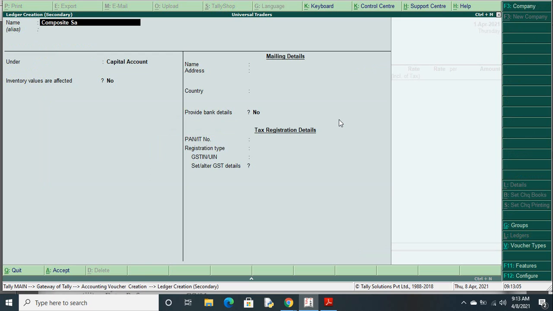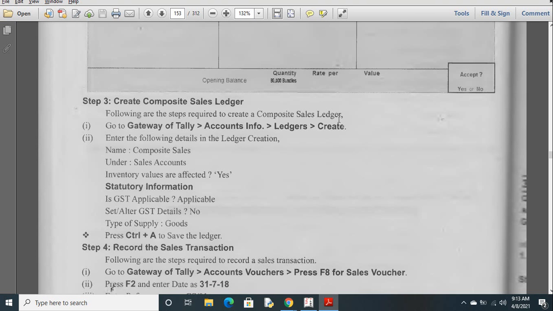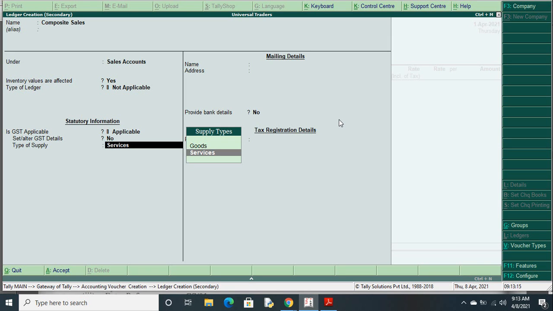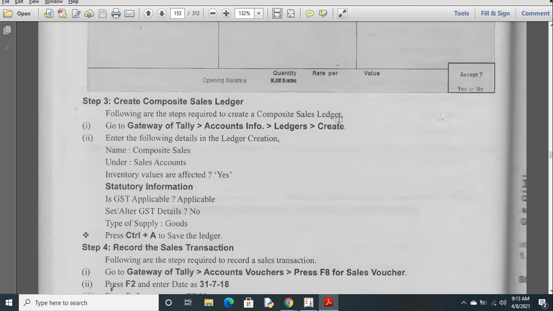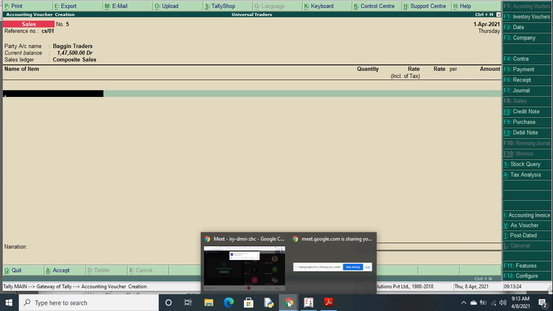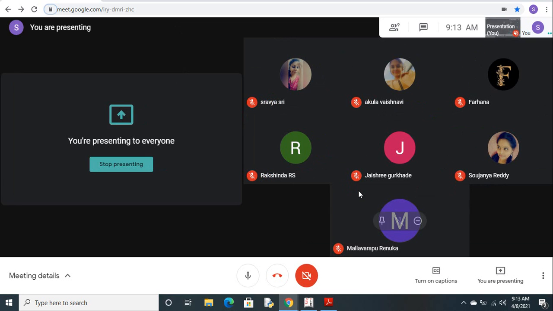Composite sales, under sales, it is goods. Now stock item we have to create.